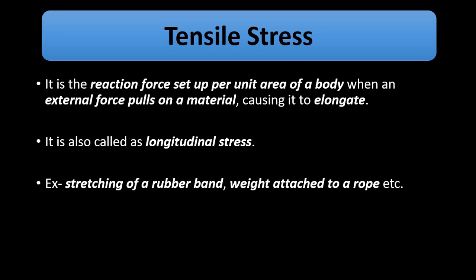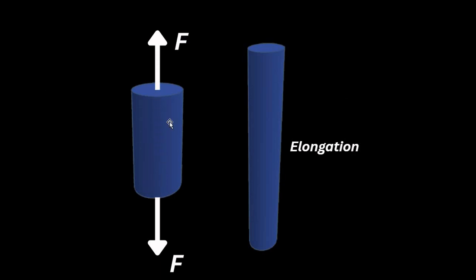Now suppose we have a force acting on a body. Let's say we have taken a cylinder in this case, or rod, and externally acting forces are acting on the two ends, which are trying to stretch it or to elongate it, trying to increase its length.